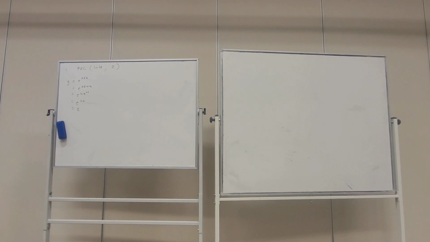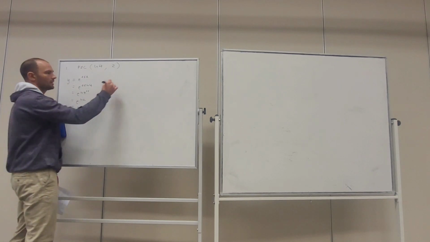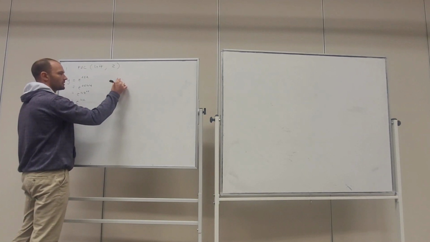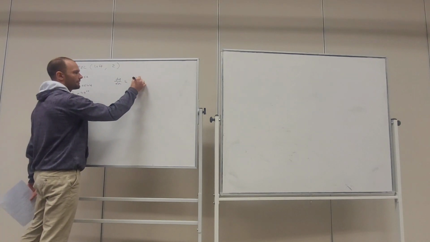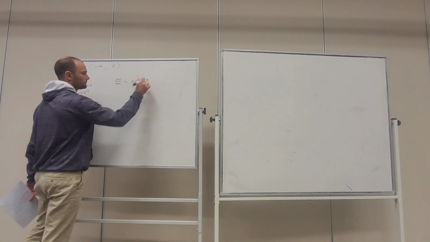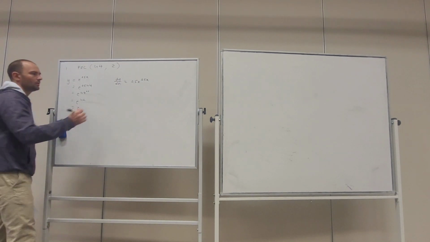All right. Next, we need the slope. So in order to find the slope, we need the slope function. So we're just going to differentiate our original function, 0.5 e to the 0.5x. All right, and we want to know the slope when x is ln 4.